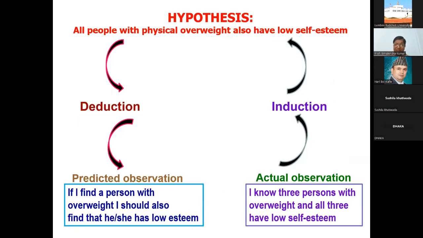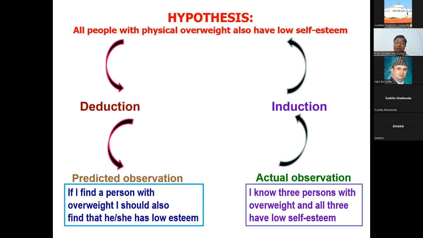Again, the hypothesis: all people with physical overweight also have low self-esteem. How is the deductive approach or inductive approach of the hypothesis being undertaken? In the case of deduction, the predicted observation is: if I find a person with overweight, I should also find he or she has low self-esteem.